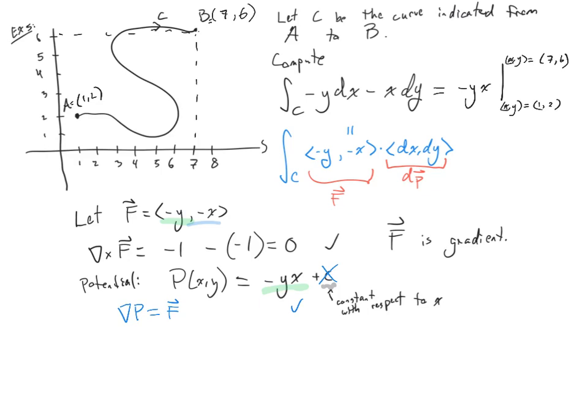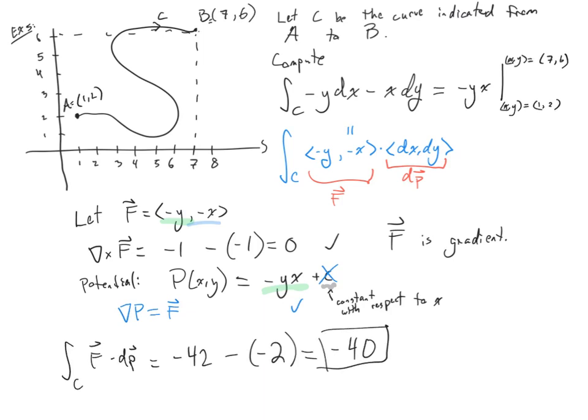So my answer is that the integral over C of F dot dP, as given, looks like minus 7 times 6 is 42, so minus 42, minus 1 times 2, so minus 2... that is, minus 42 plus 2 is minus 40, and I'm done.